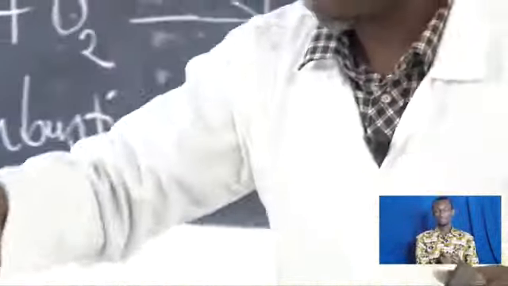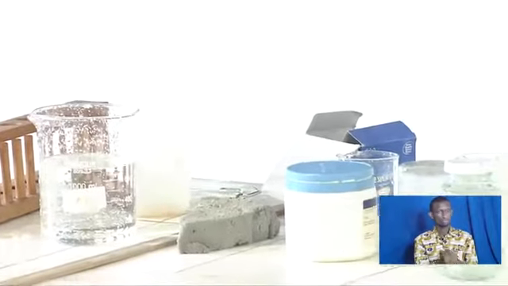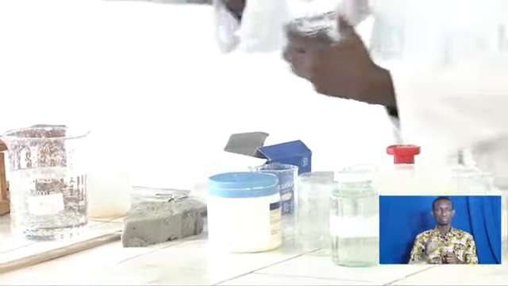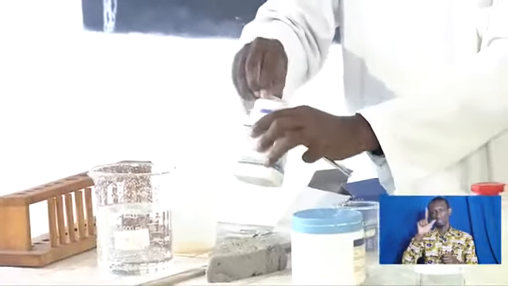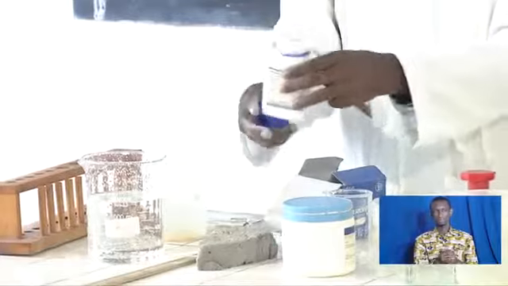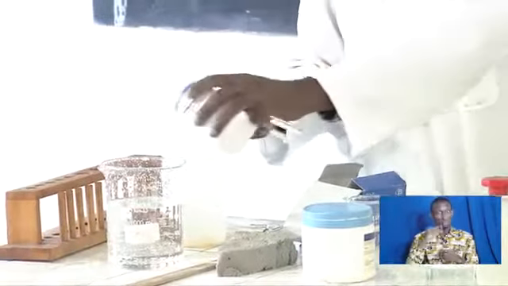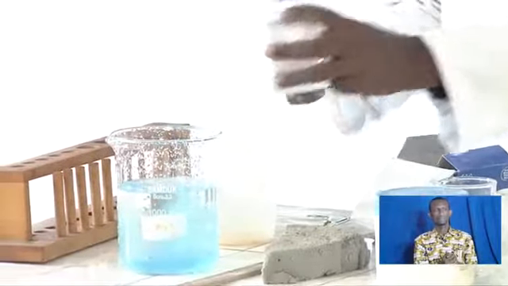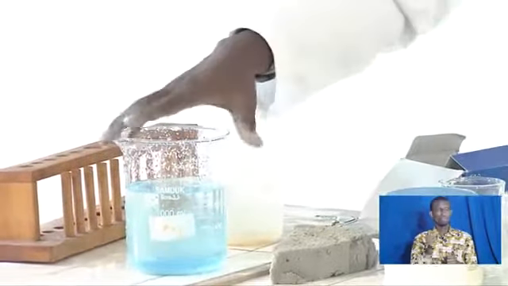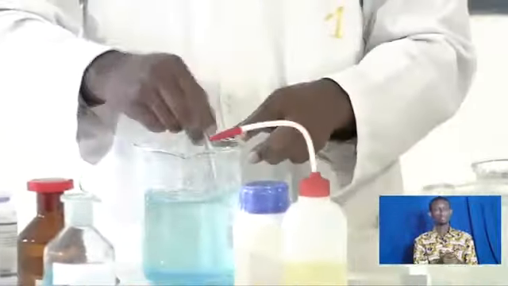This is just water. I'm just going to make a solution of copper sulfate. Copper sulfate is this one. So I just make a solution of that, and then I will ask you to predict what is happening. I'm just making a solution of copper 2 sulfate. This is a copper 2 sulfate solution.